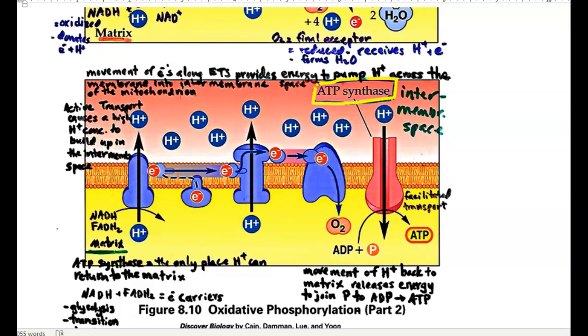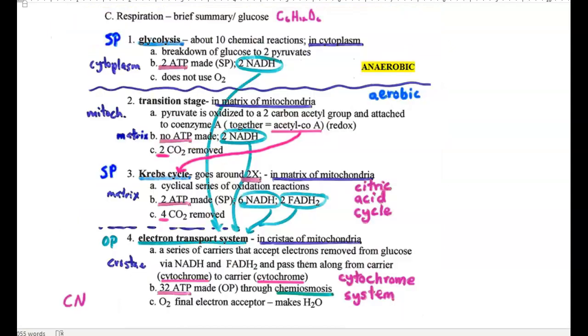For every NADH, they're going to be making 3 ATPs. For every FADH2, they're going to be making 2 ATPs. So that is chemiosmosis, oxidative phosphorylation, taking place in the cristae of the mitochondria.